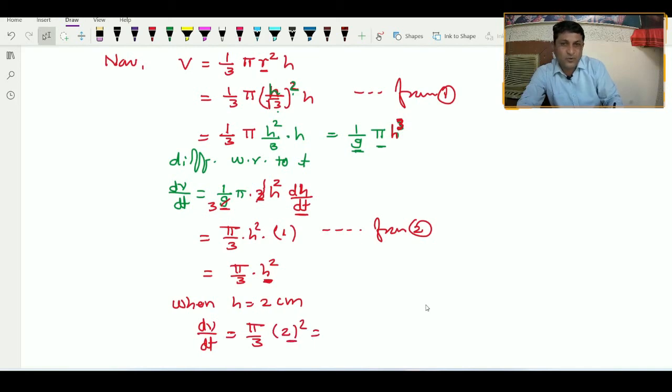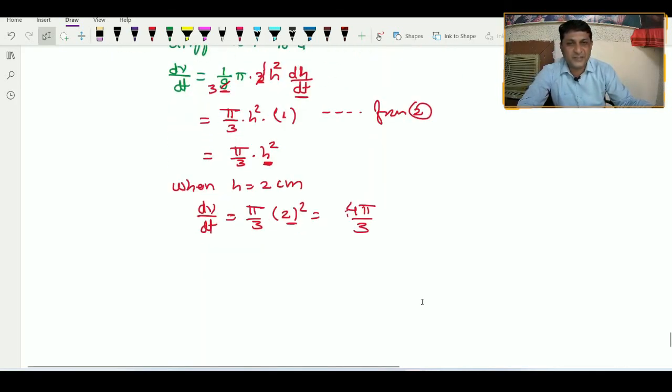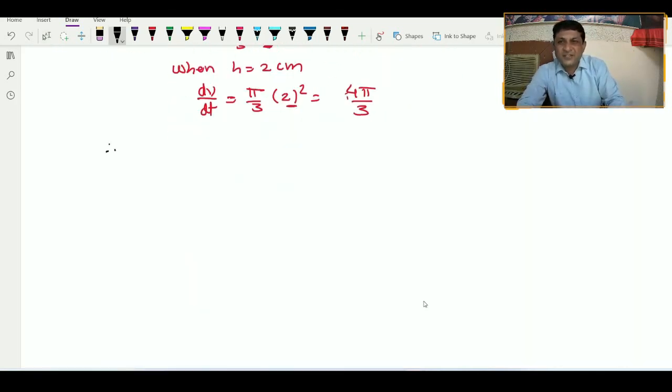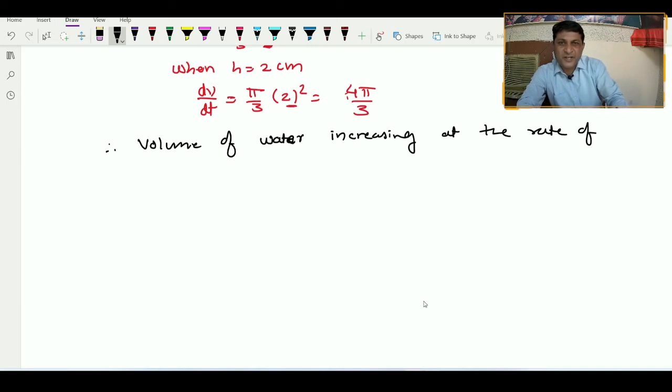What is square of 2? 4. 4 into pi is 4 pi. So 4 pi by 3 is the value of dv upon dt. That's why we can say that the volume of water is increasing at the rate of, at what rate it is increasing? 4 by 3 pi cubic centimeter per second. And this is nothing but the value which we have to find out here.